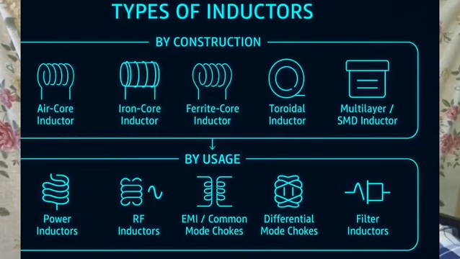Based on construction, there are around five types: air core inductor, iron core inductor, ferrite core, toroidal inductor, and multi-layer and SMD inductor. These are widely used nowadays in many applications.